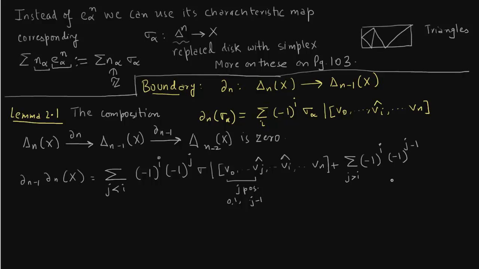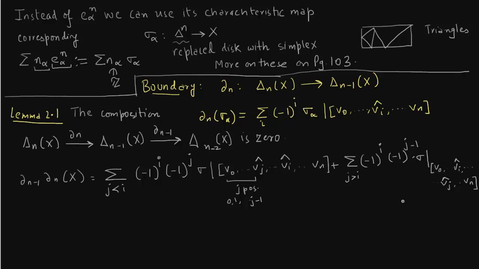Now the second case is j greater than i. In this part we write minus 1 to the power i and minus 1 to the power j minus 1. I need to explain why for the second index we are using j minus 1. The first index is clear: you first apply the first boundary, there is nothing before it, so we first remove i. It's only in the second map that you apply v_j hat. Now we count the positions.